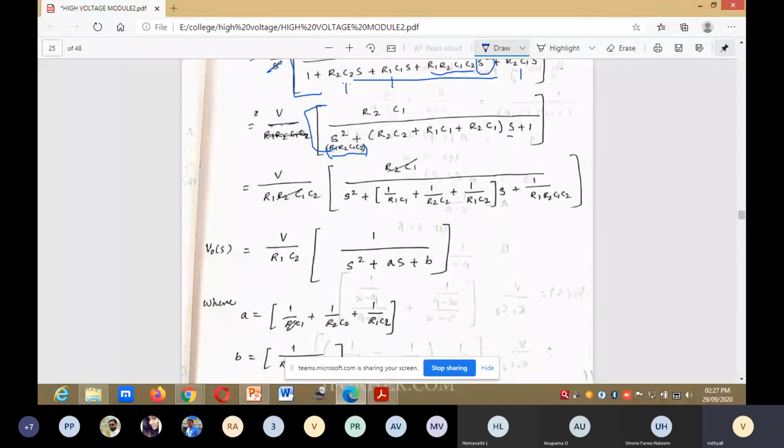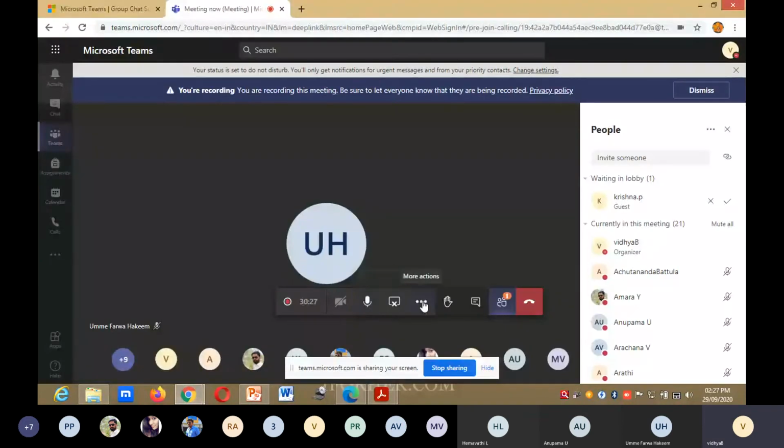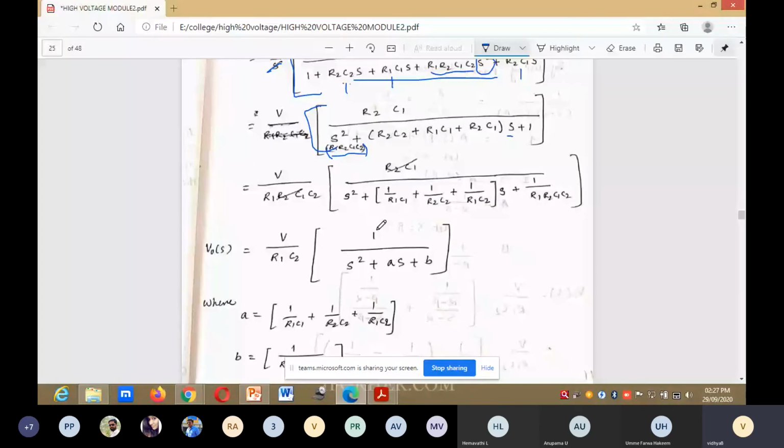Next, V divided by R1 R2 C1 C2, R2 C1 divided by S square. They have taken the total common R1 R2 C1 C2. If you take out the common, you'll get S square plus open bracket 1 divided by R1 C1 plus 1 divided by R2 C2 plus 1 divided by R1 C2 close bracket S plus 1 divided by R1 R2 C1 C2.